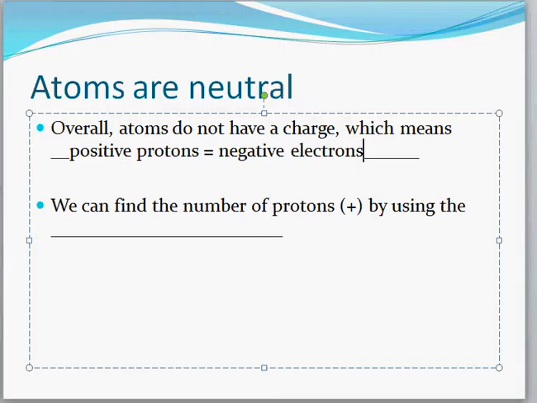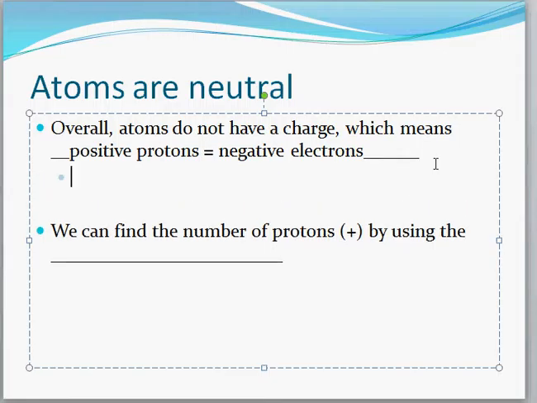So to be neutral, you need to have the same number of positives and negatives. For example, if I have 6 protons, to have a neutral atom, I need to also have 6 electrons. Okay? Atoms in nature exist this way. They exist in a neutral form.